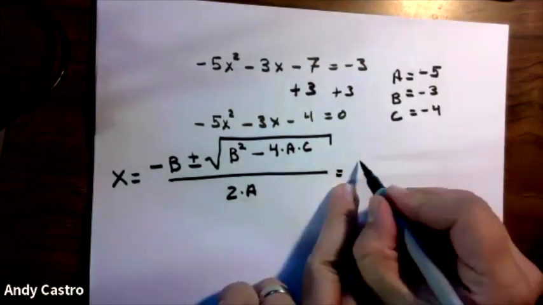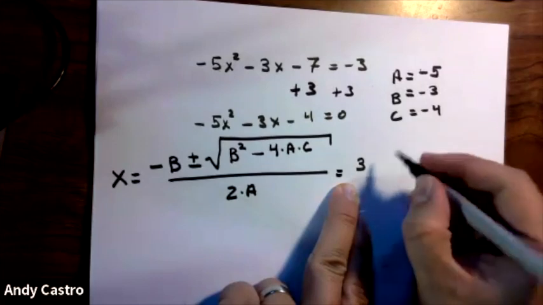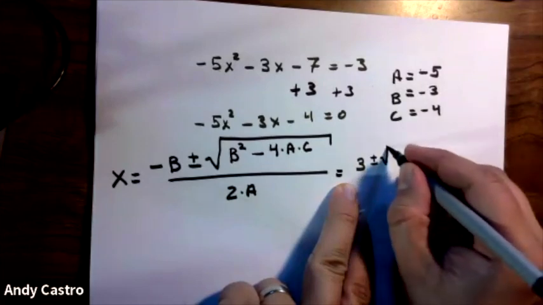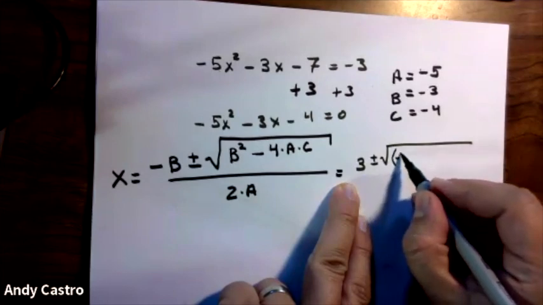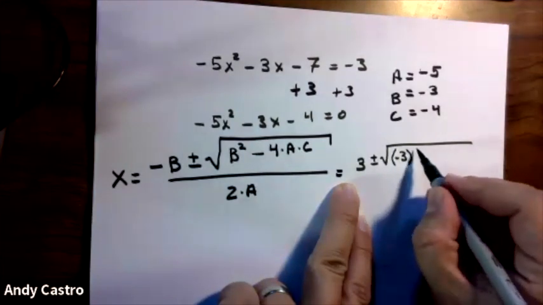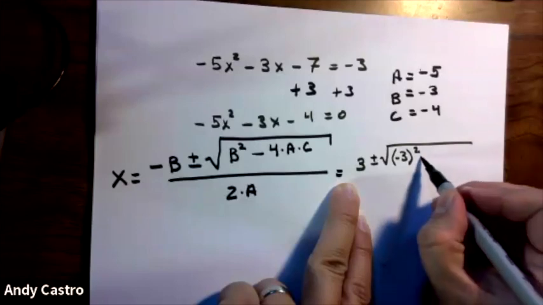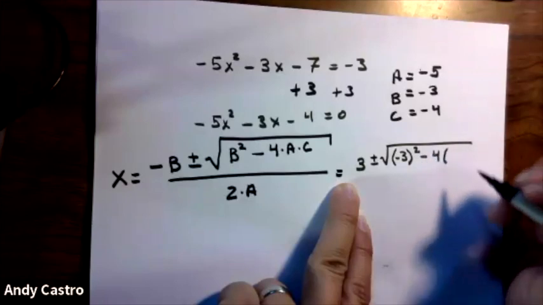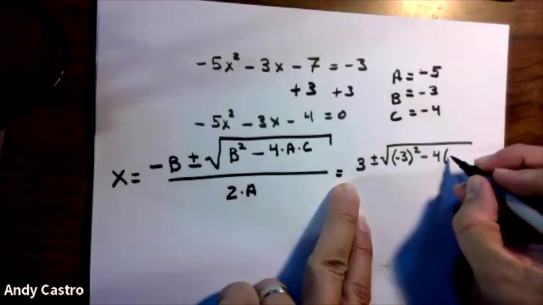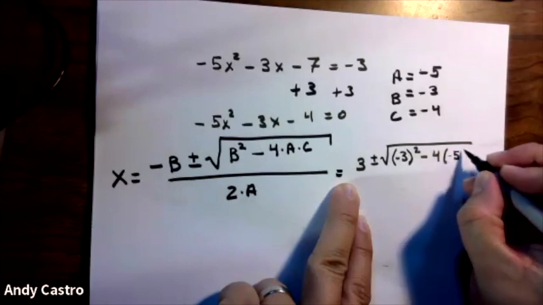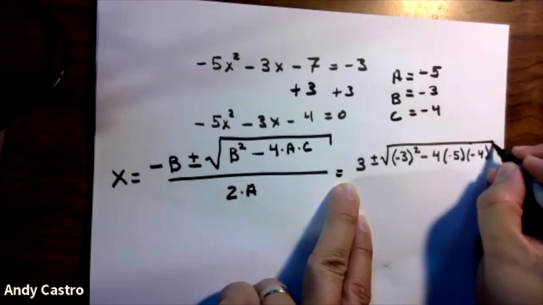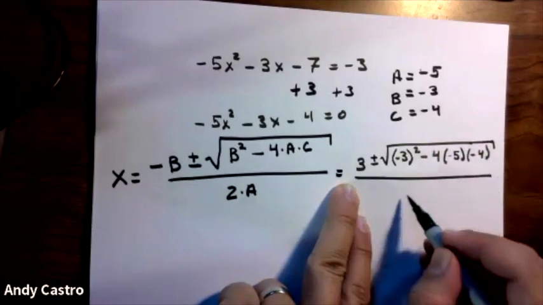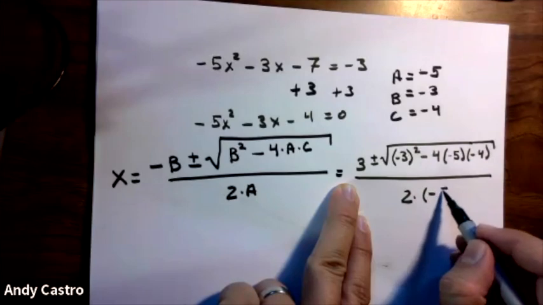Opposite of b, positive 3. B squared, negative 3, quantity squared, minus 4 times AC, negative 5 times negative 4, all over 2 times negative 5.